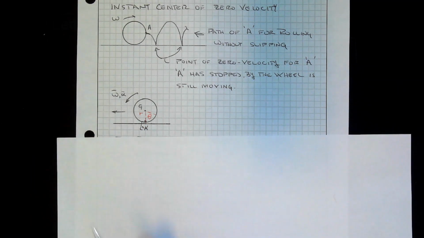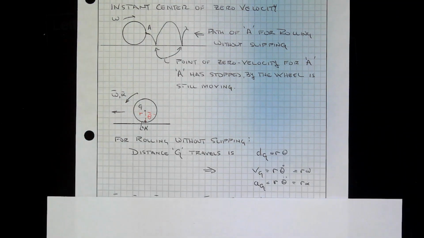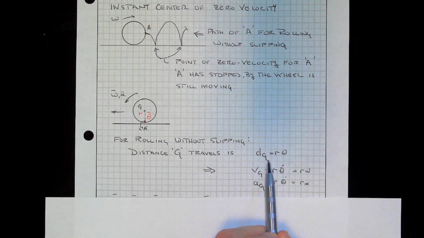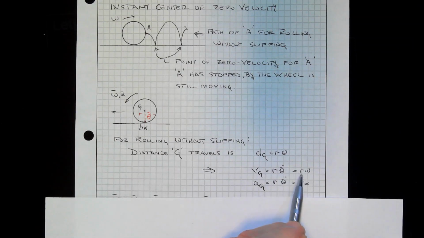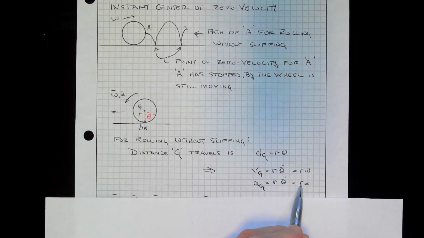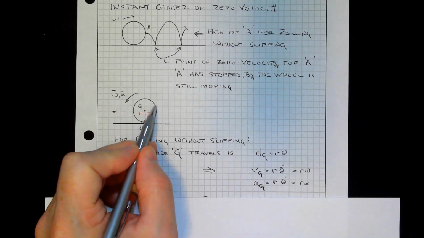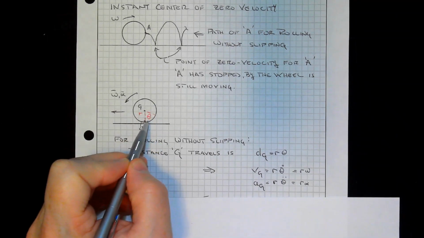All right, so what can we say about this? Well, the path of the center of the wheel is going to be r theta. Its speed will be r theta dot or r omega, just dealing with the magnitude here. Its acceleration will be r theta double dot or r alpha. So that describes what the center is doing, and it's all based on path length.